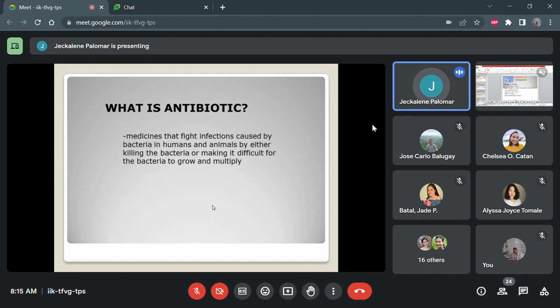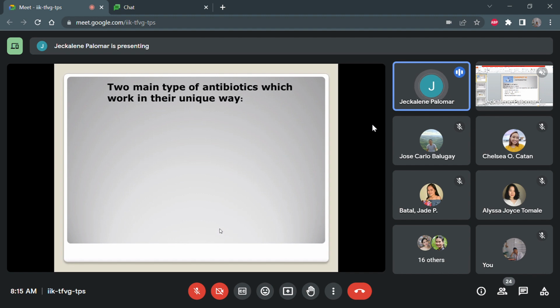So, antibiotics are medicines that fight infections caused by bacteria in humans and animals by either killing the bacteria or making it difficult for the bacteria to grow and multiply. There are two main types of antibiotics: bactericidal and bacteriostatic.